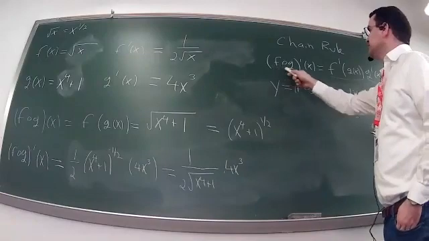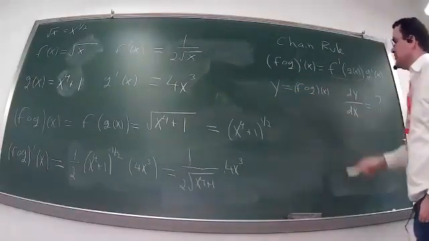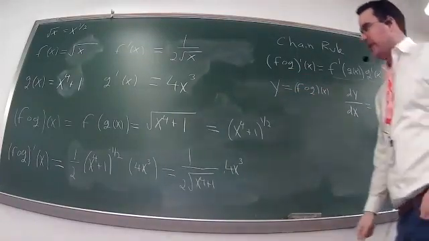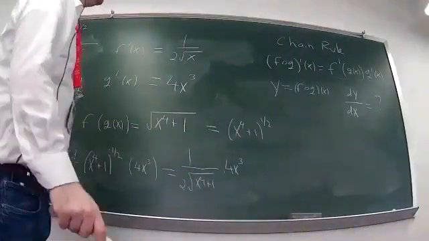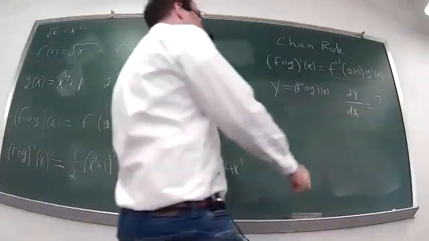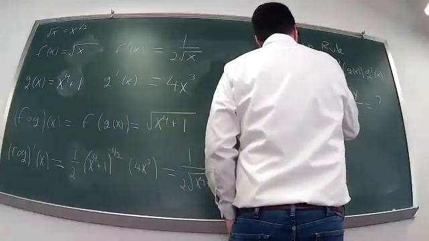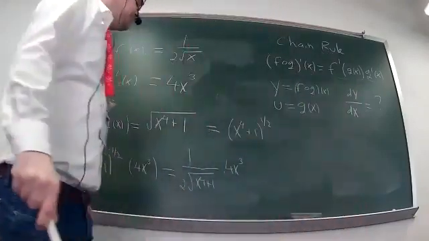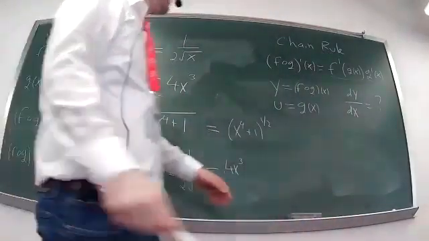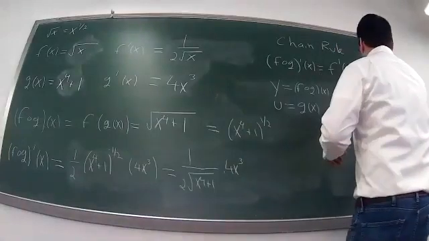In fact, if you're setting y equals f composed with g, and remember how I was talking about taking the inside function g and making it its own variable? You can formalize that a little bit. Let's write u equals g of x, just for the purposes of this notation.